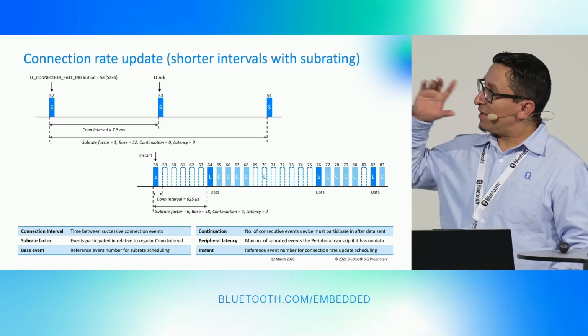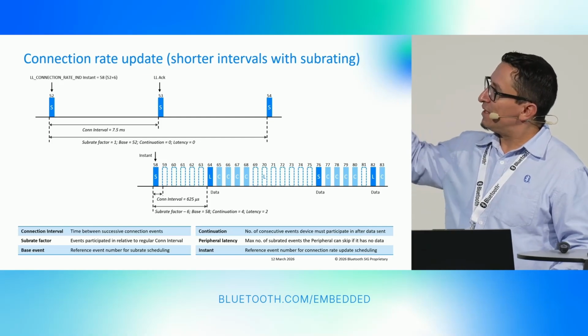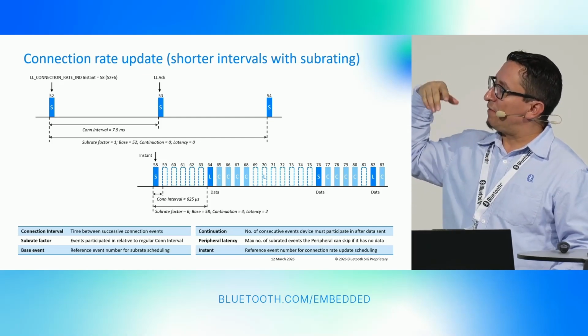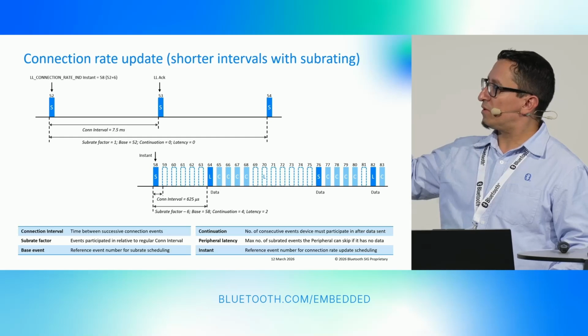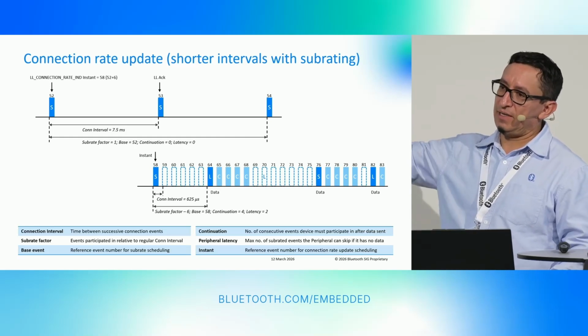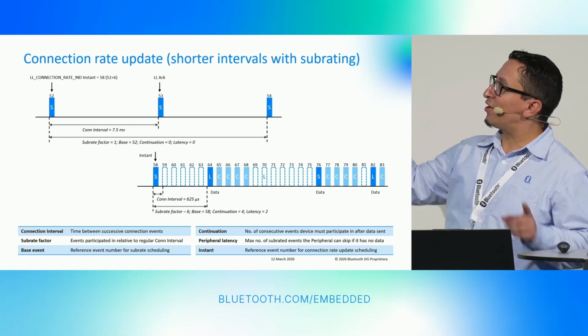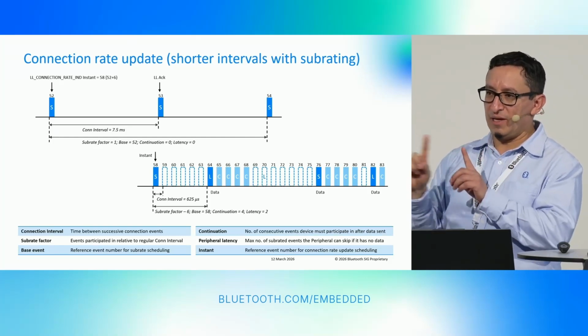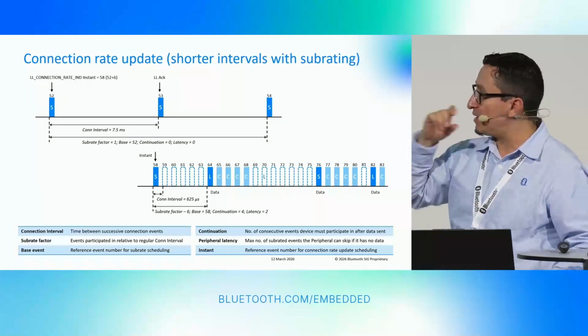This slide, I'm not going to spend much time. It's just to illustrate if you use shorter connection intervals to enable ultra-low latency, you will rely on SCI to bring down the connection rate down to a value that's supported in the value ranges mentioned.